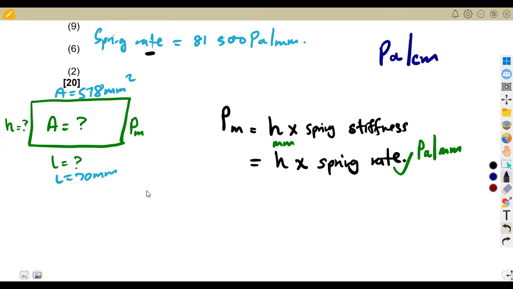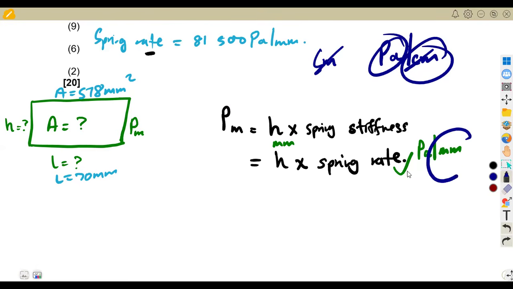It means for us to have our indicated mean pressure in Pascals or kilopascals or whatever you're going to convert to, this height must be in centimeters so that the centimeter cancels with per centimeter, and you are left with the Pascal. It cannot be millimeters where here it's per centimeter. No, it does not work like that. Per centimeter, height in centimeters. Per millimeter, height in millimeters. So you have to be careful.